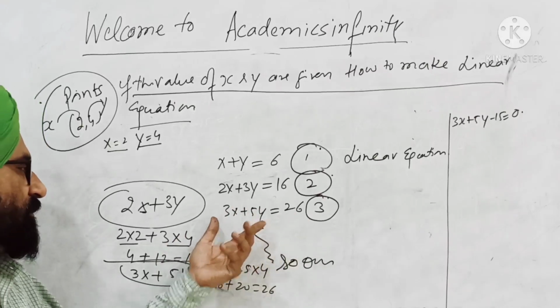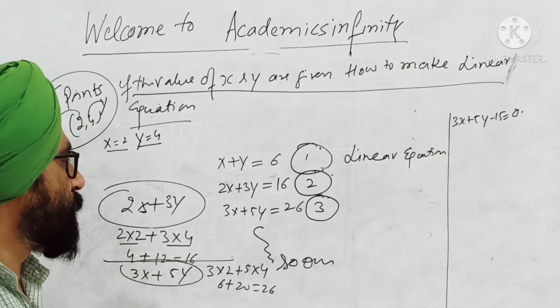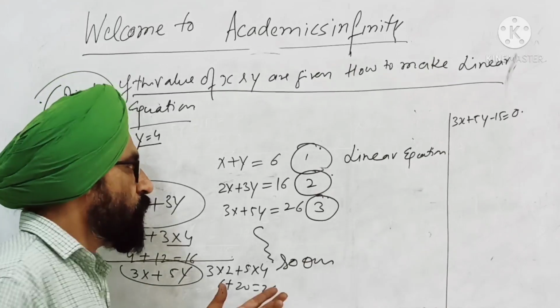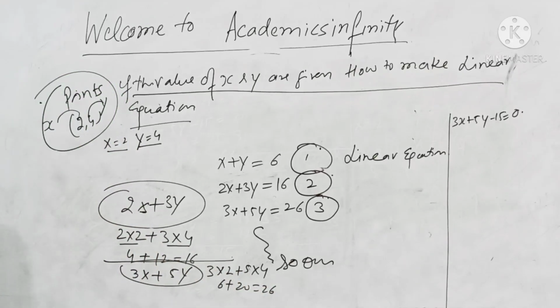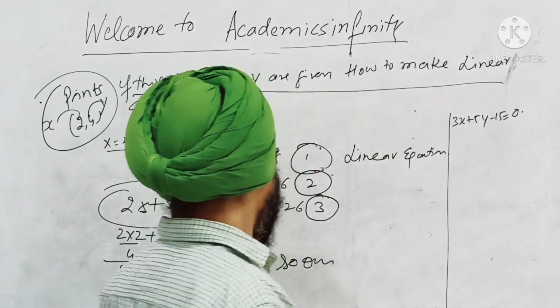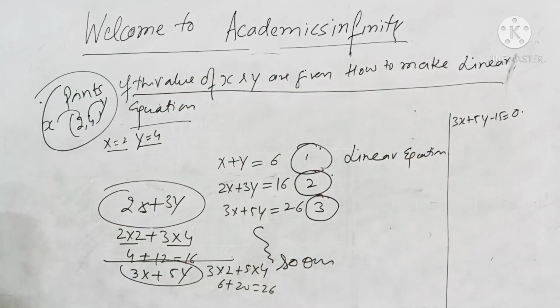Now the third equation is 3x plus 5y is equal to 26, and so on. So if the values of x and y are given, you can get so many linear equations. So there are infinitely many linear equations.